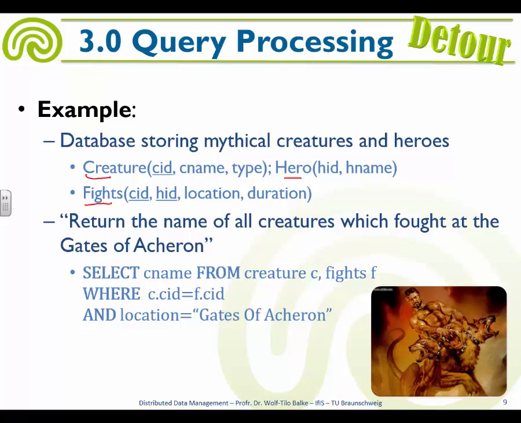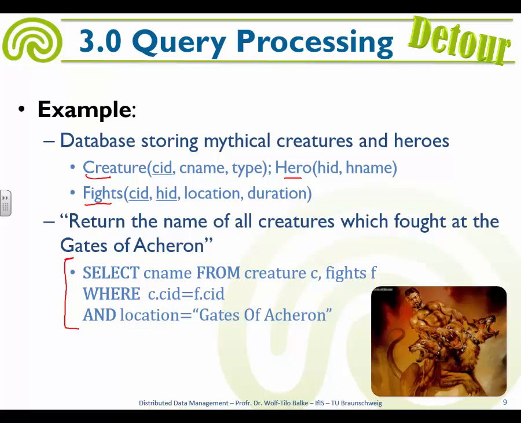Now, as an example that uses this database, just to give you an idea of what is happening from the first step. We have a query, and we want to express the query in SQL. So the query is just give me the names of all the creatures which fought at the gates of Acheron. And using this simple database, this should be at least one possibility of doing an SQL query on that database.